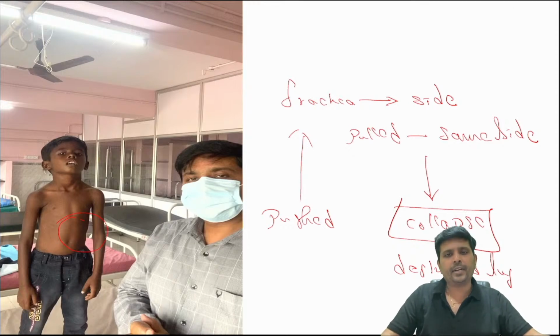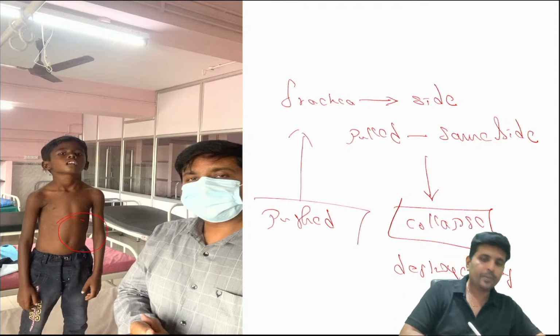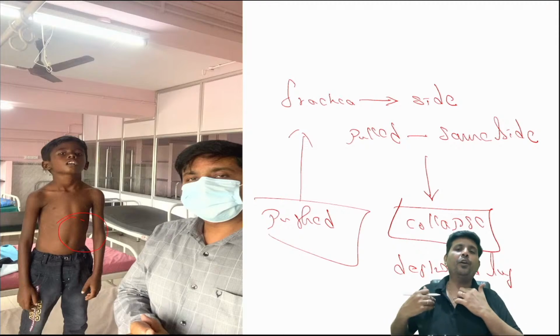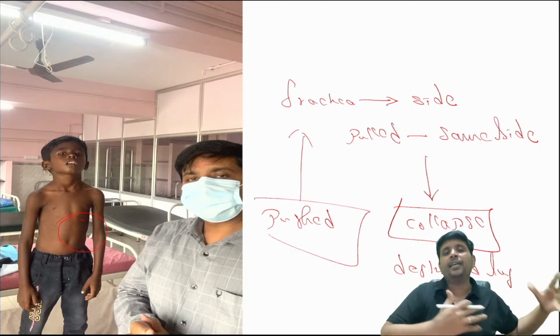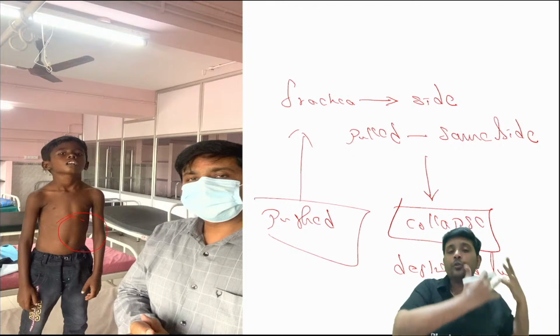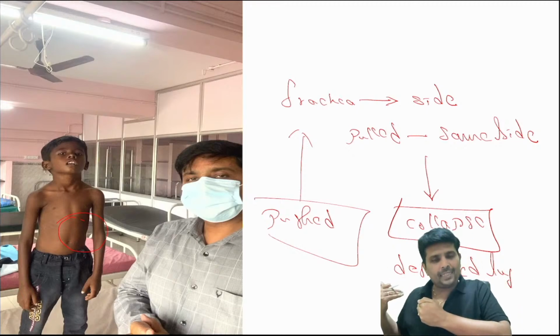For example, in our country, you can think in terms of tuberculosis. Second, the trachea instead of being pulled can be pushed from the opposite side. Pushing means something on the left side producing a mass effect and pushing the trachea to the other side.